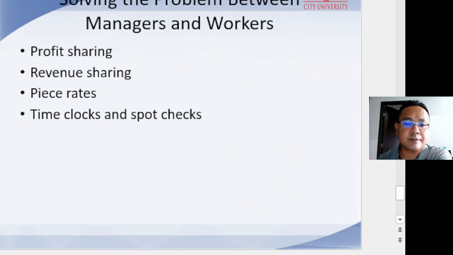Offering workers compensation that is tied to underlying profitability provides an incentive for workers to put forth more effort. And then another mechanism you can see here is revenue sharing.